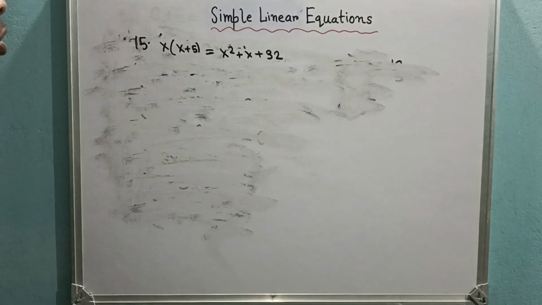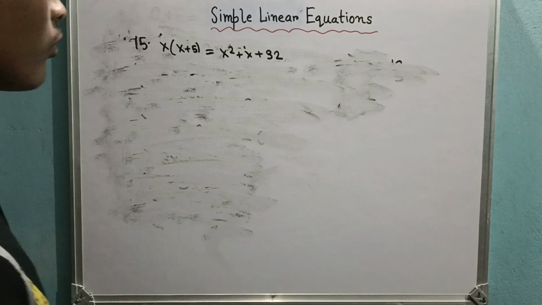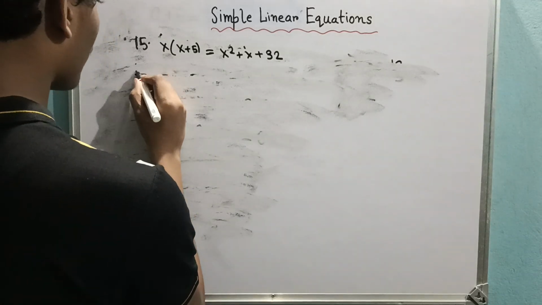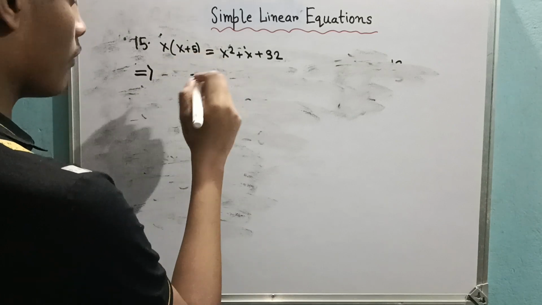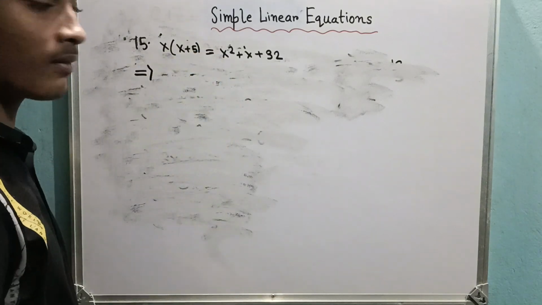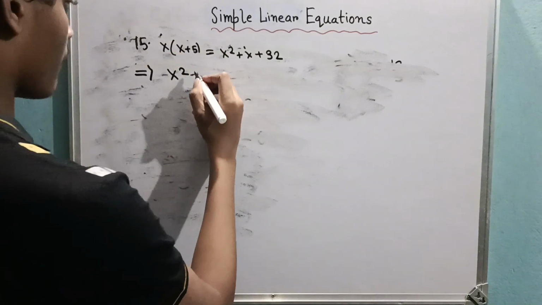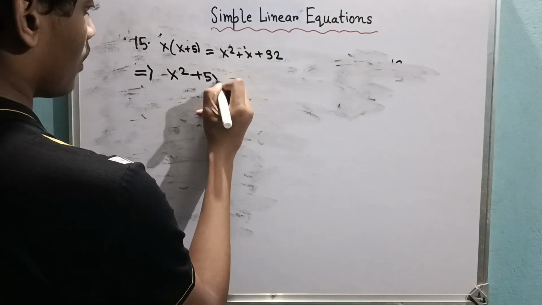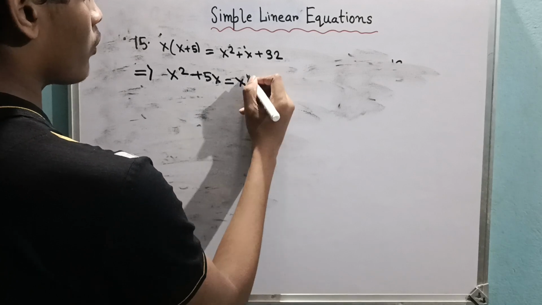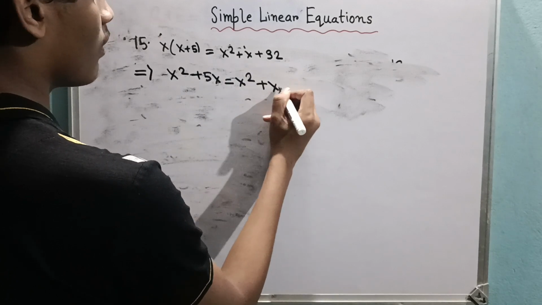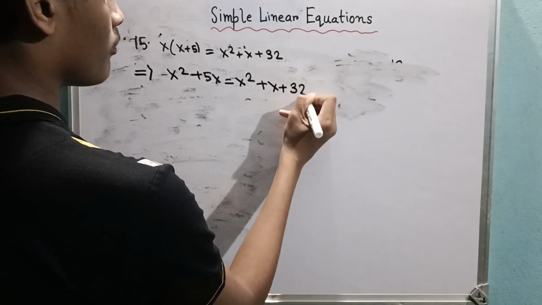Right guys, so let's see if we have to do any quadratic equation here. So first of all, let's simplify this. x into x, that is x square, and x into 5, that is plus 5x, equal to x square plus x plus 32.